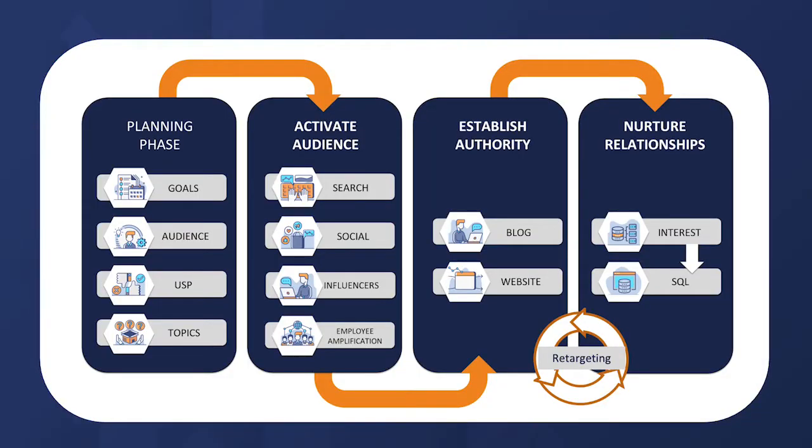But just to finish out the go-to-market demand gen framework here, the goal of activate your audience really is about getting people, after they're aware that you exist and the problems that you solve, to get them over to your website. And the reason we want them over to your website is this is where you're going to establish authority and empathy, and basically qualify that, let them know that you're qualified to solve the problems that they have.